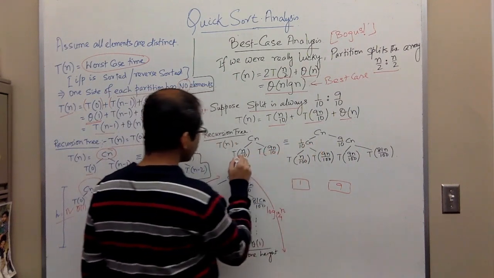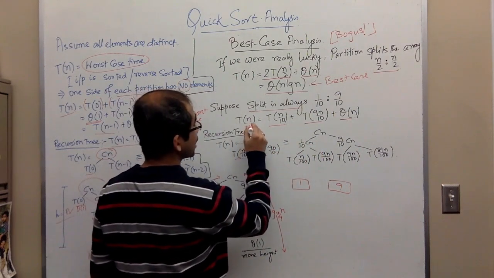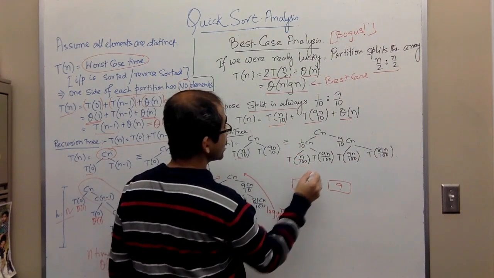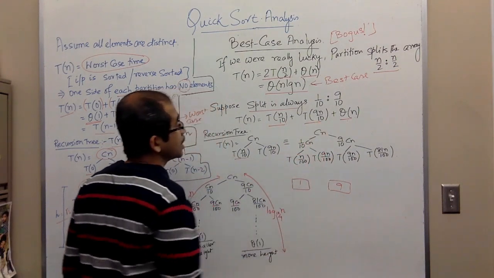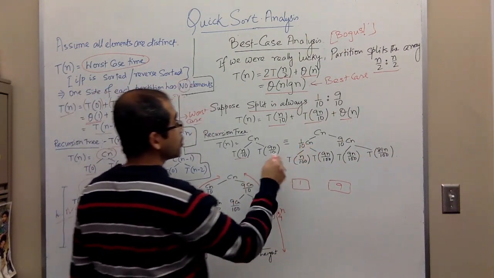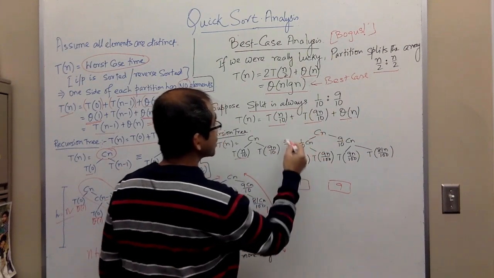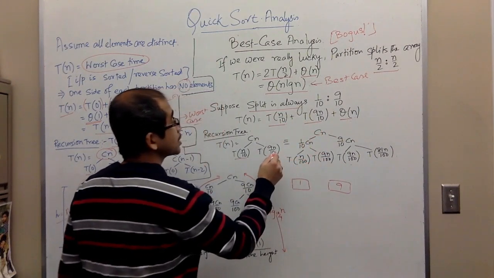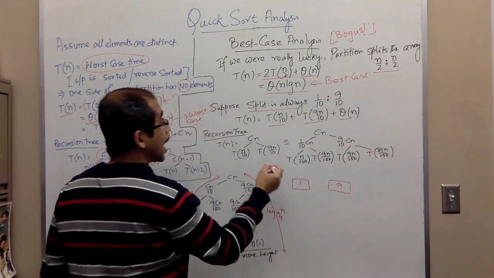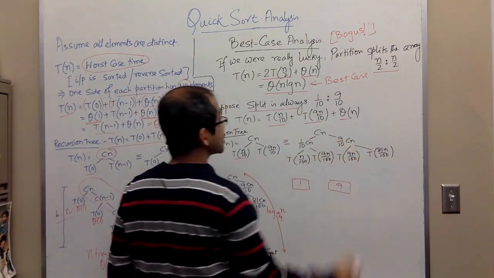Now, when we expand these, it becomes T n by 100, T 9n by 100, and Cn by 10. And when we expand the 9n by 10 here, this is 9n by 100, this is 81n by 100, and then 9 by 10 Cn.